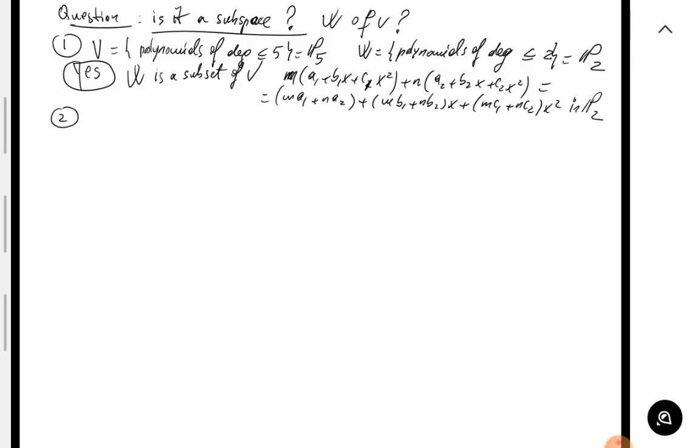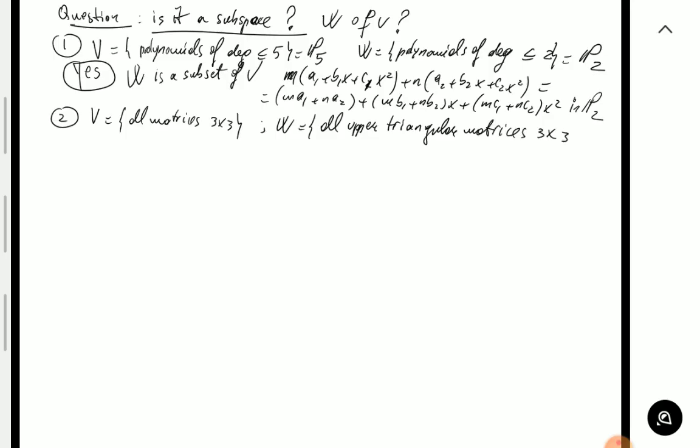Here's one that is not as trivial. Let's say V is given by all 3 by 3 matrices, and W is all 3 by 3 upper triangular matrices. Upper triangular means zeros below the main diagonal.